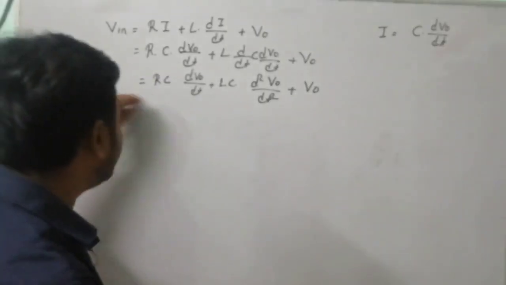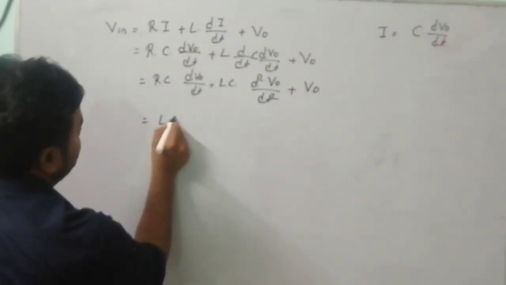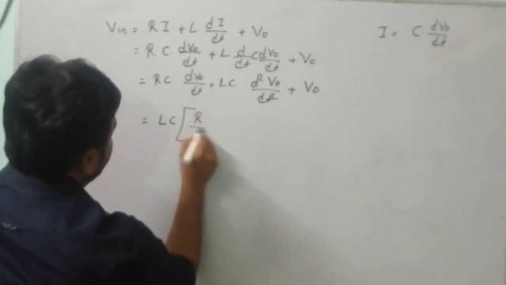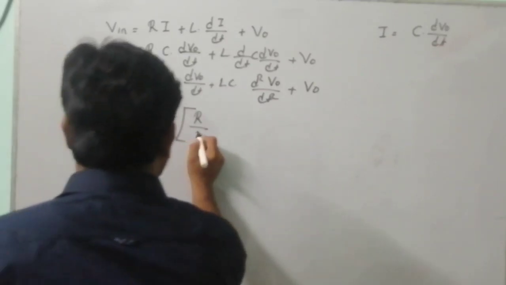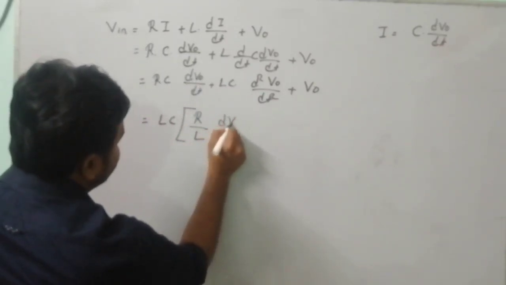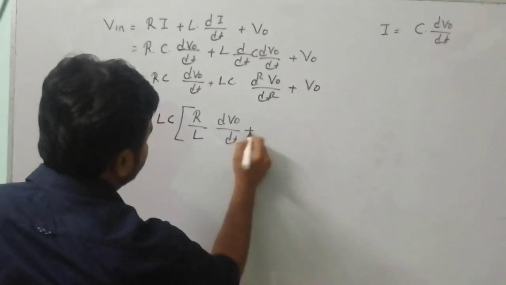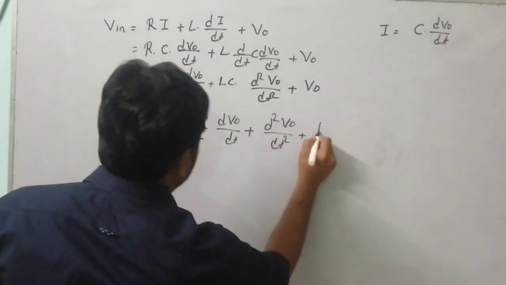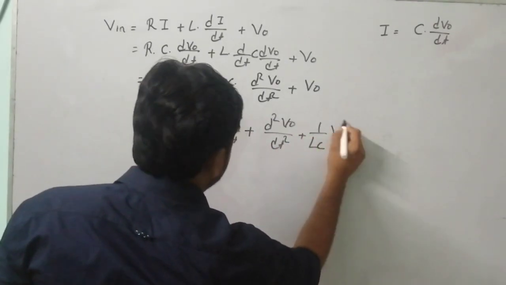Clear? If we take LC common from these three terms, then we get R by L into dV0 by dt plus d square V0 by dt square plus 1 by LC into V0.